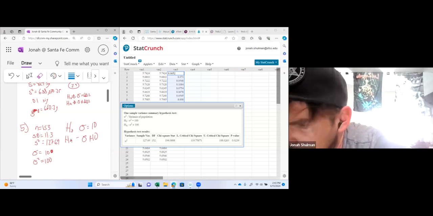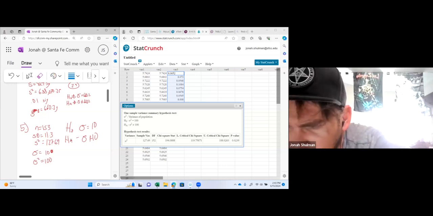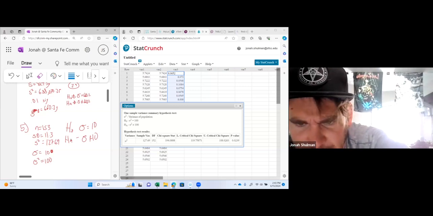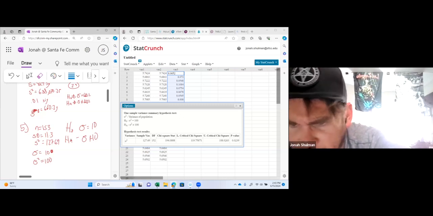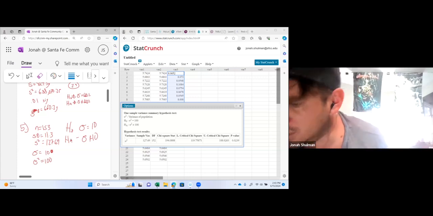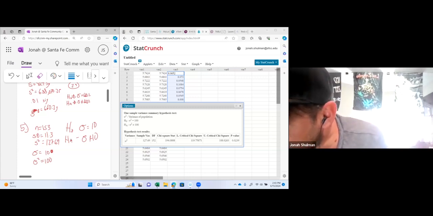And it says our p-value is 0.02. Here it says our chi-squared value is 194. And our p-value is 0.02. To warrant the rejection of the claim that men have a standard deviation equal to 10 beats per minute.